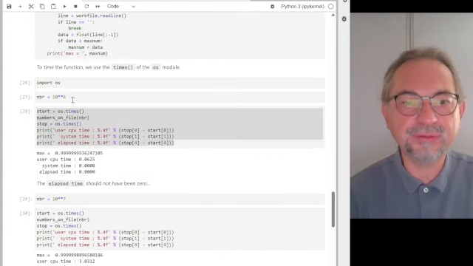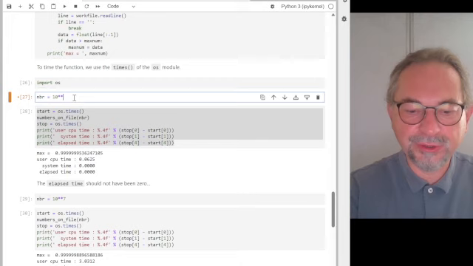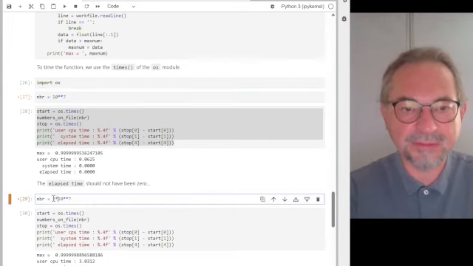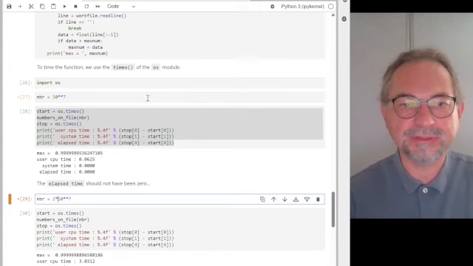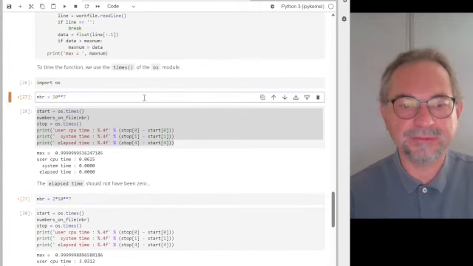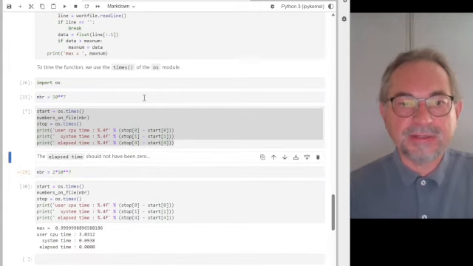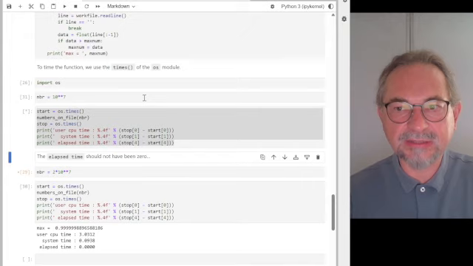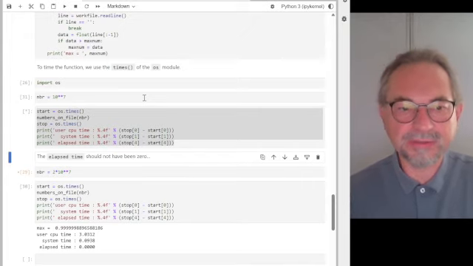Let me redo this then. I'm going to start with 10 million, which will give me 3 seconds, and then I will double it. This is the experiment that I should have been doing.